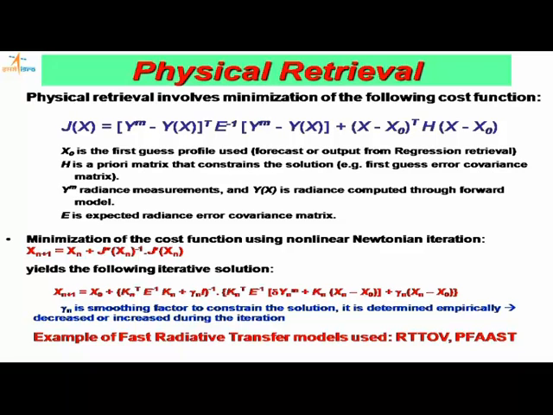The first part minimizes the difference between the radiance measurement and the radiance simulated from the radiative transfer model, and the second term is the state vector term, which tries to bring this first guess close to the actual profile that will satisfy our radiance measurement from the satellite.